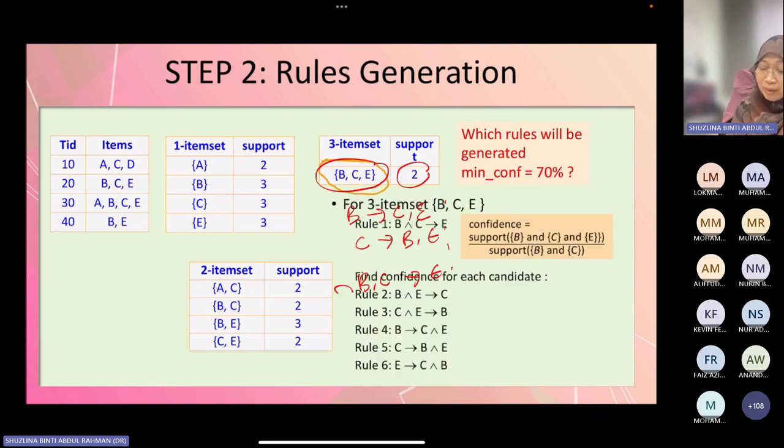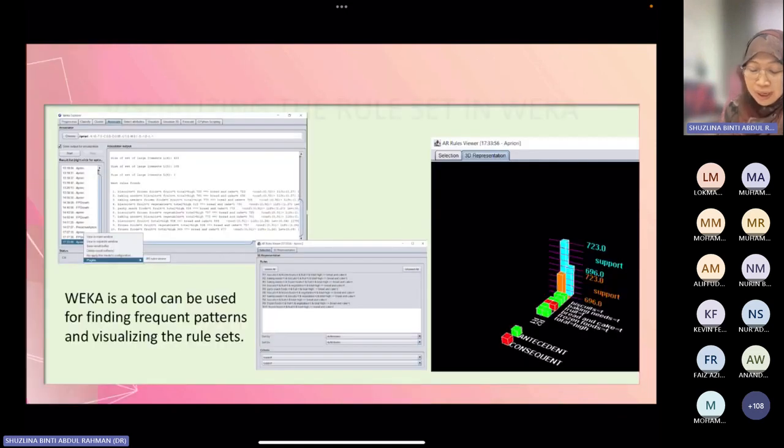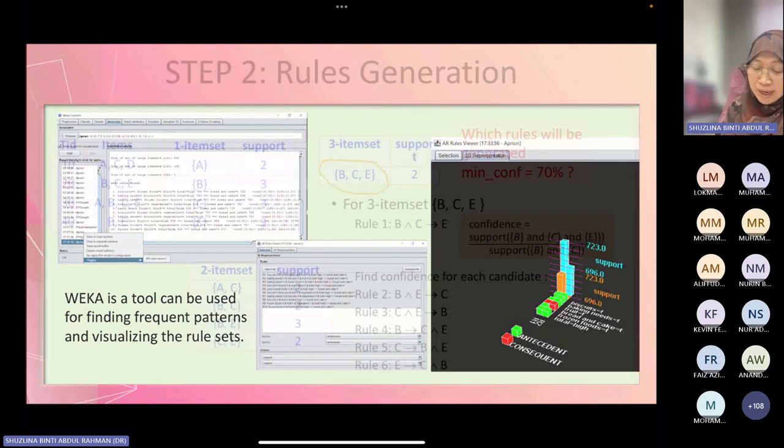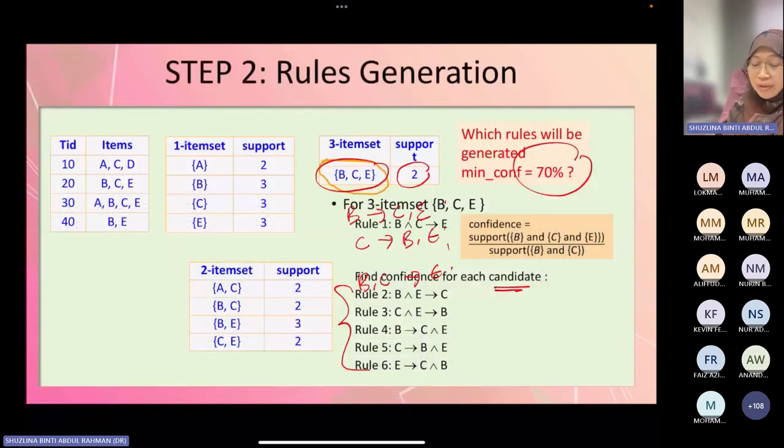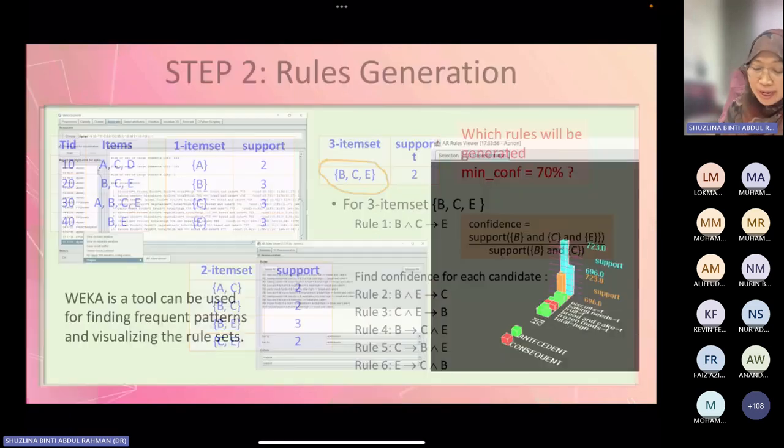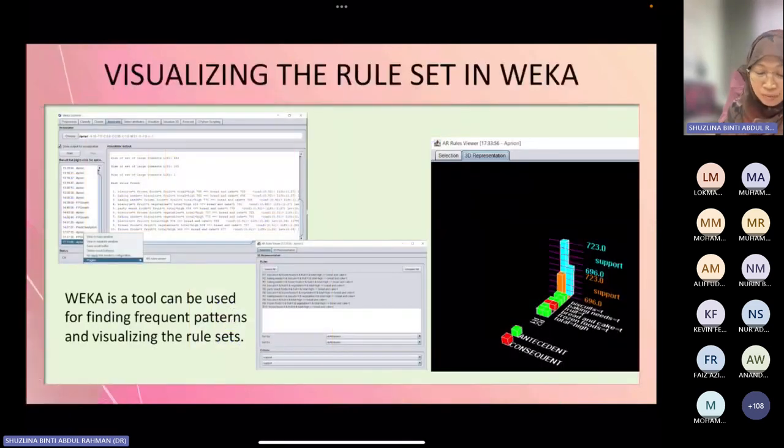These are the candidates for possible rules with this 3-item set, and we remove the ones that do not satisfy the minimum confidence of 70%. Okay, I hope that's clear on how we generate the rules under the Apriori algorithm. These kinds of things can be performed in Weka as well.